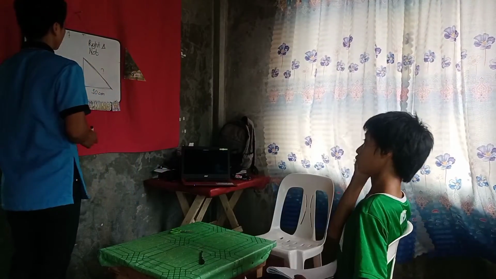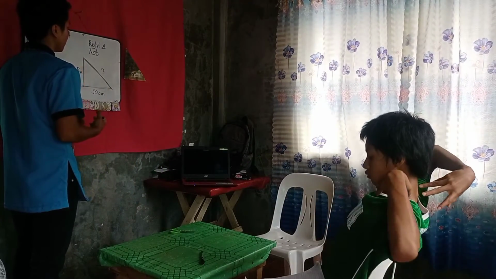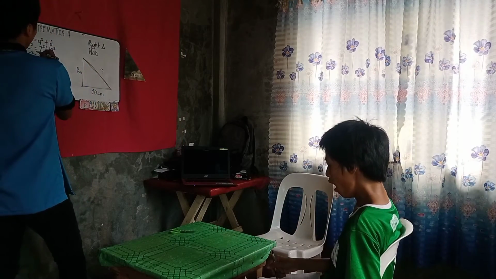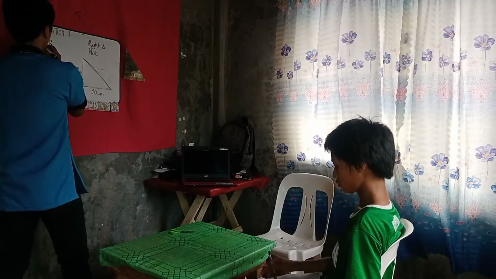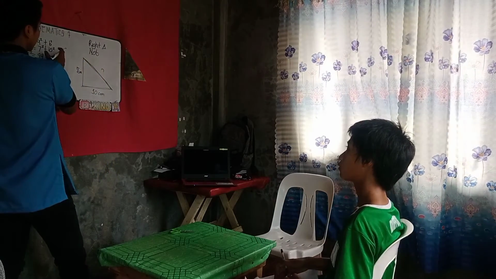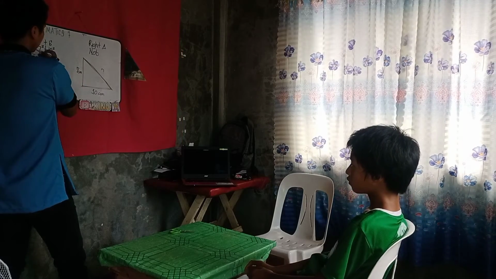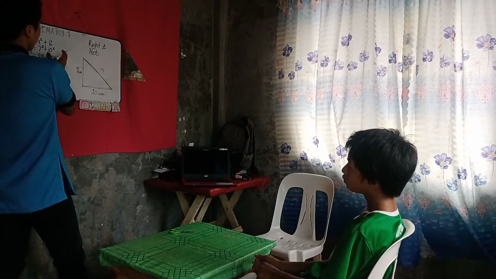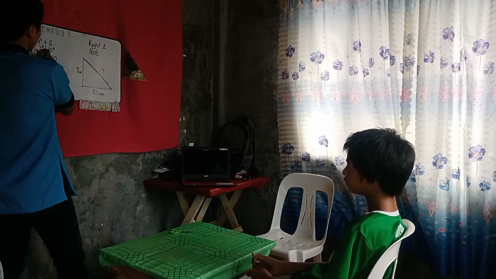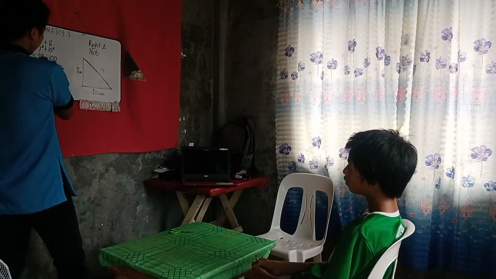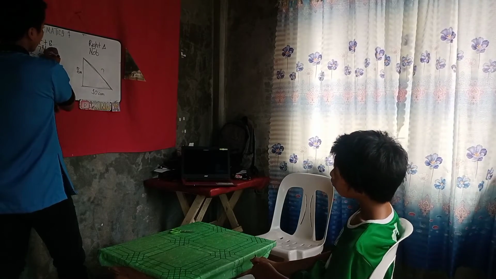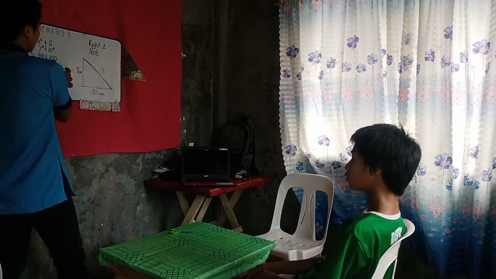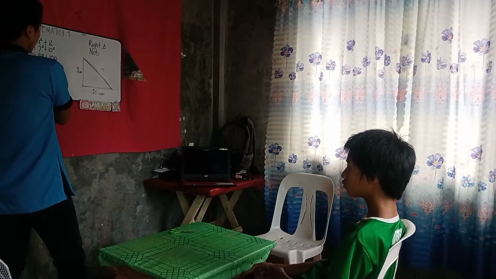So let us check. Since the missing value of our given figure is the hypotenuse, the missing one is C. So C squared is equal to A squared plus B squared, our Pythagorean Theorem. Let us substitute the legs in our given variables. So C squared is equal to 7 squared plus 10 squared. That means 7 times 7 is 49. 10 times 10 equals 100. If we get the sum of the two legs, we get 149.